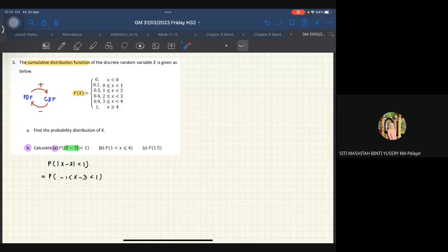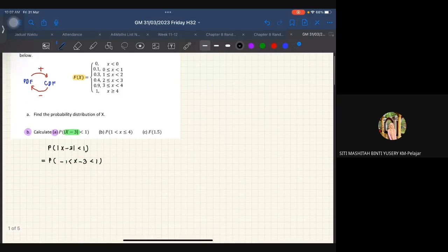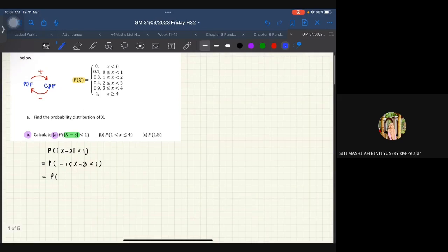Okay, so from here, our aim is to just have x in the middle. Kita hanya nak x sahaja dekat tengah-tengah, kita tak nak benda lain. So macam mana kita nak jadikan x je duduk dekat tengah ni? What do we need to do? Plus 3 both side. Betul. So kita akan tambah 3 dekat semua bahagian: dekat kiri, dekat tengah, dan dekat kanan.